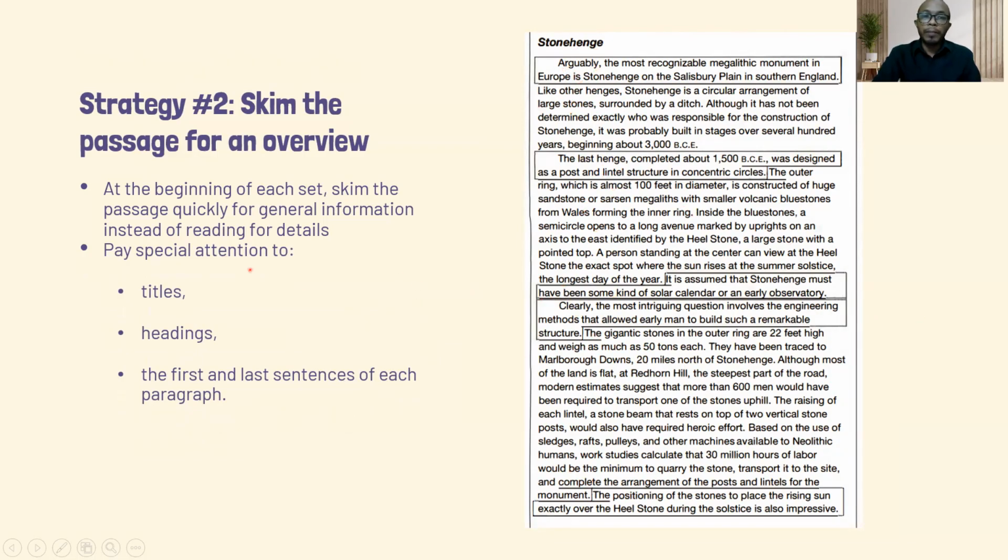Okay, and you can do this by paying special attention to the title, the first sentence in the paragraph, and also the last sentence of the paragraphs, because normally the main ideas will be given in those parts of the passage. Okay, and don't worry, you will be able to see the passage again next to the question later after you click next to see the first question.